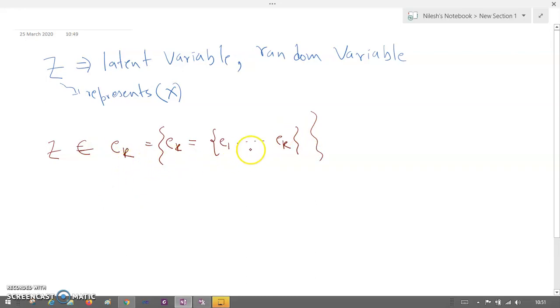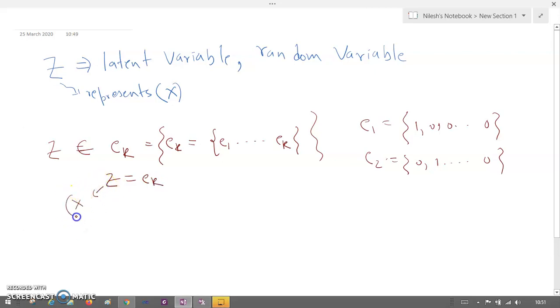It's a vector space, and here e1 can be like 1 0, or any number. So z belongs to ek, and this is given, so I can simply write it as z is e of k, and you know that this z is nothing but your x actually.